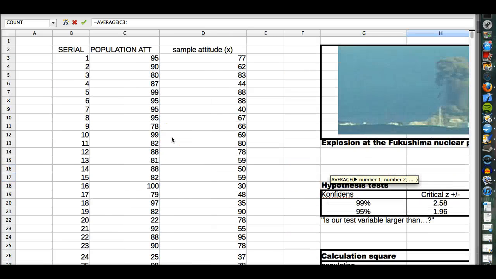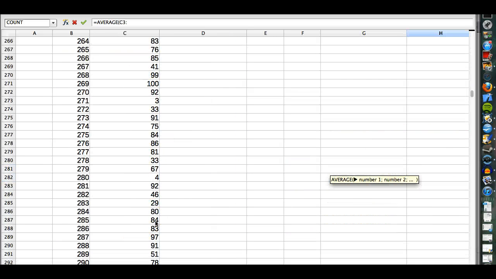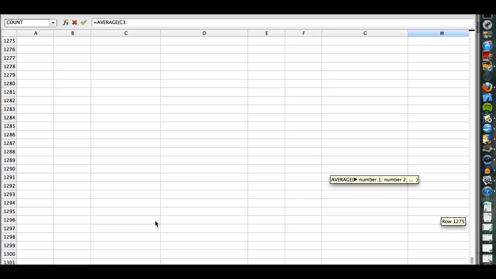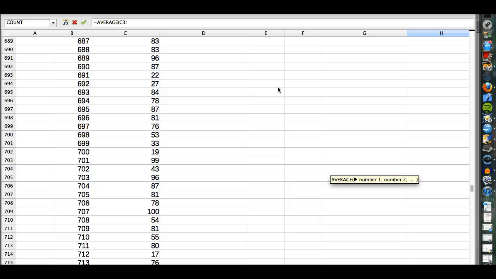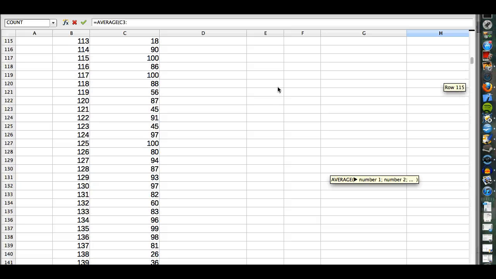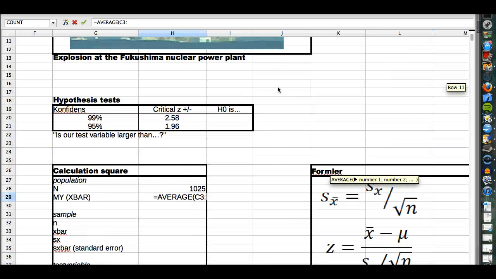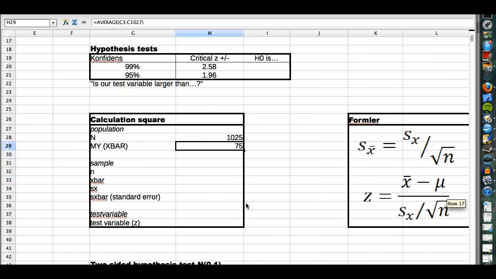Now I need to find where my data set ends, so Excel knows where the data stretches. So I go down all the way here, and I can see in column C, and row 1027, my last observation is located. So 1027, I need to remember that. We go up here all the way. And I write C1027. I close that parenthesis and I find that their attitude on average towards nuclear power before the explosion was 75 out of 100.